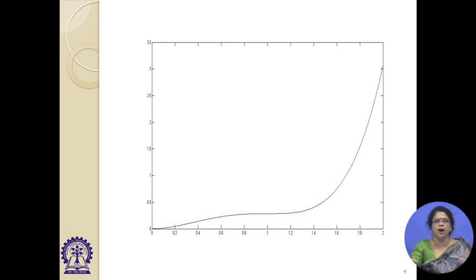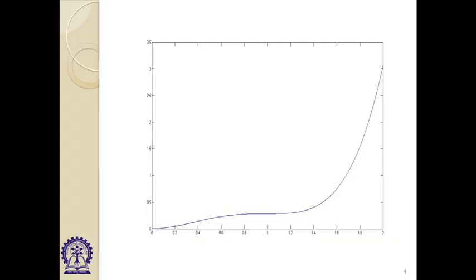Now, this is the function altogether. One thing you should notice here is that if we are finding the minimum, maximum and saddle point from looking at the function picture, we could see that from 1.8 to 2 the function is increasing further and further.